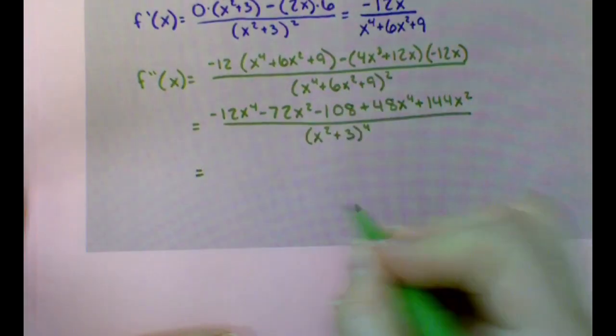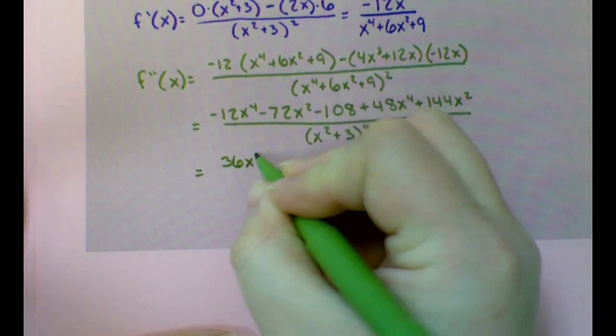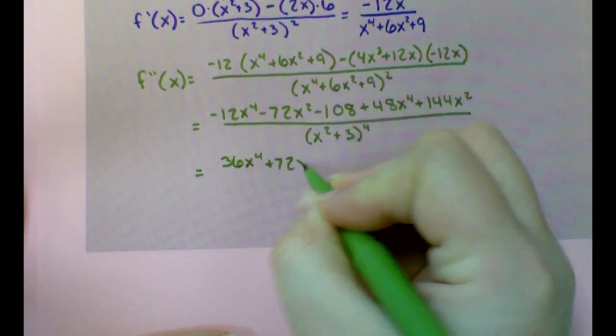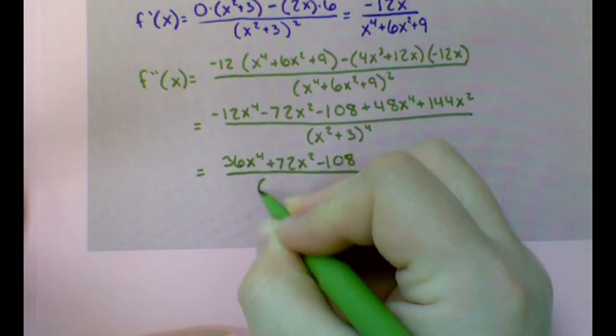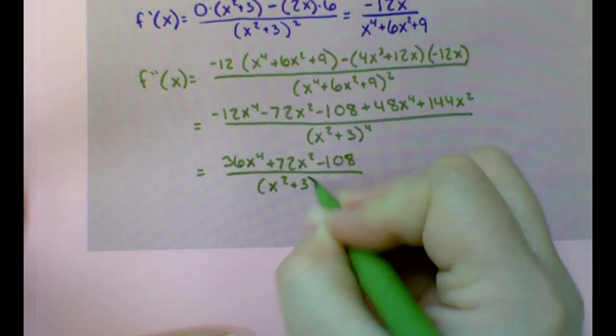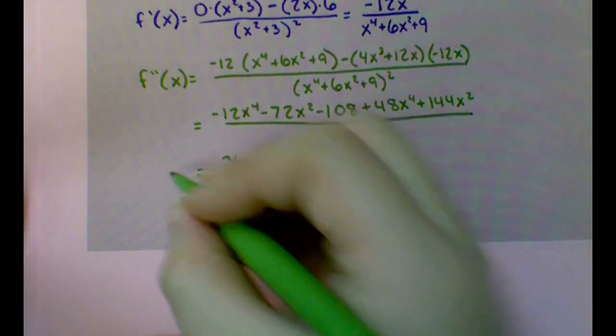So I'm going to combine my like terms. Let's see, I get 36x to the 4th power plus 72x squared minus 108 all over x squared plus 3 to the 4th power.